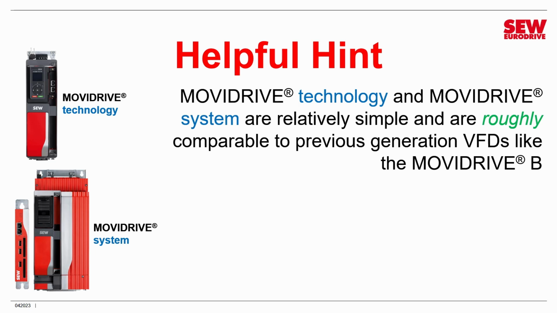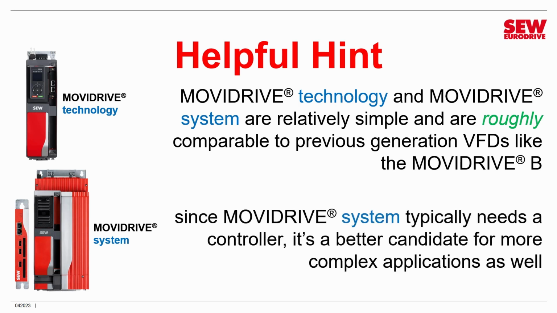You can use these to do the same kind of applications that MOVI-Drive B could do. They're powerful, they're flexible, they can do a lot of those really hefty things. So if you are an existing customer and you want to move into MOVI-C and you've been using MOVI-Drive B, take a look at MOVI-Drive technology and MOVI-Drive system because they have great similarities in their capability. Although I would say they also go beyond it in many ways. They're really excellent products.